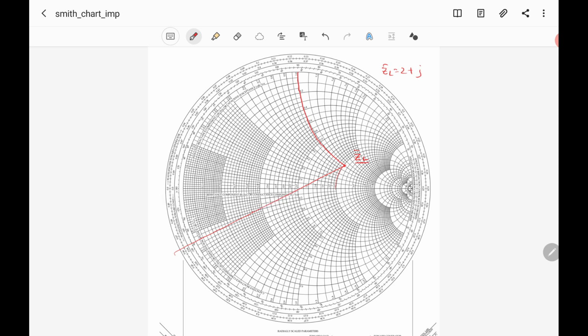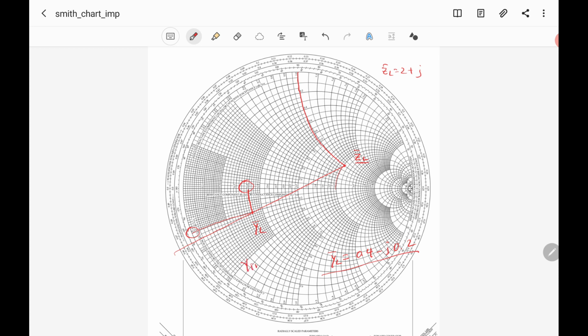So this value becomes YL. If you read the value here, then you can easily get the YL value from this ZL. So it's 0.4 minus j0.2, right?